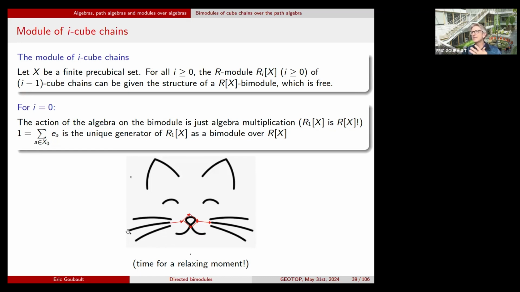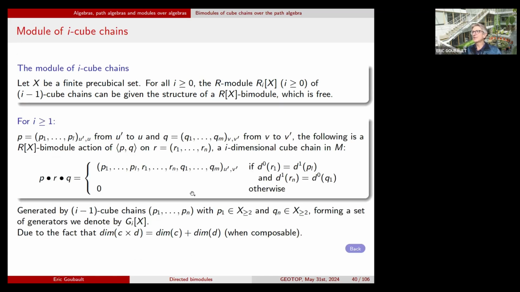And you can whisker it to make it a longer 1 cube chain by adding these black whiskers on the left and on the right. That's the operation as an R of X bimodule on 1 cube chains, okay? So it can be defined formally, but it just tells you that you're concatenating the whiskers on the left and the whiskers on the right with the I cube chain you had before.